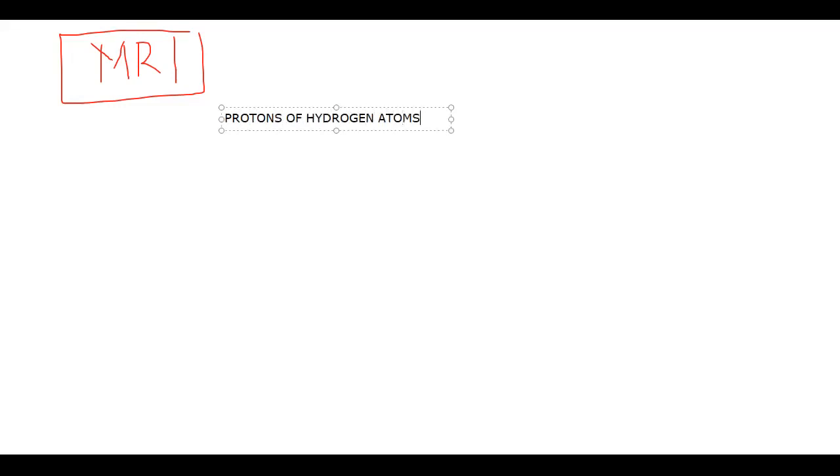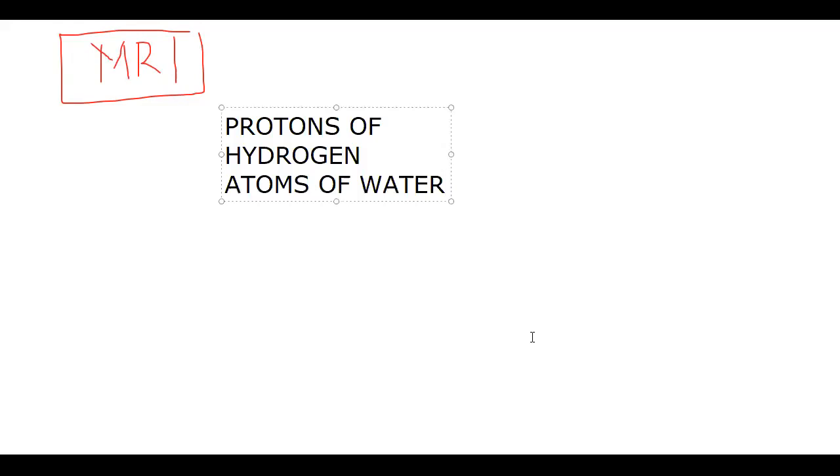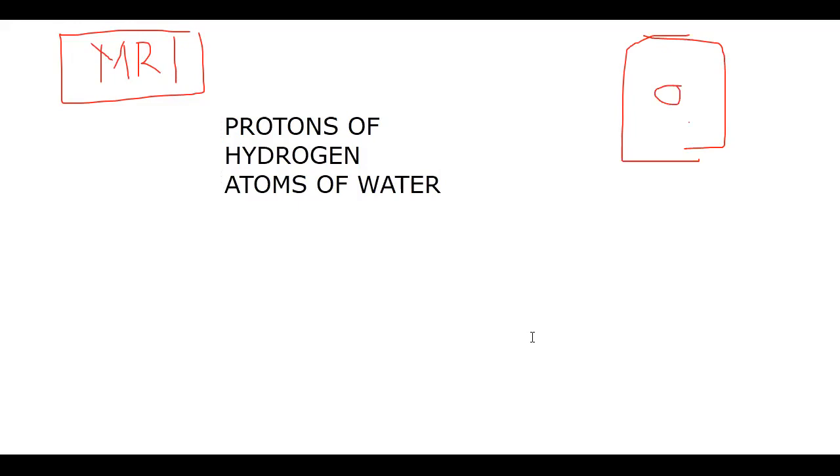So what are these protons of hydrogen atoms of water, and where are they present in our body? Let us find out. Any cell of the body contains cytoplasm, and cytoplasm contains water.